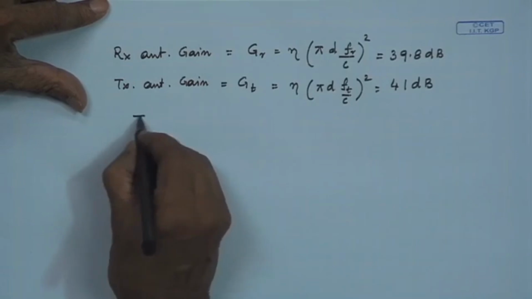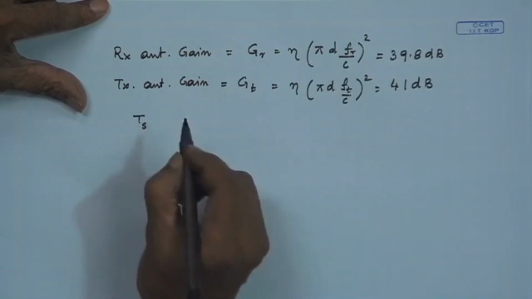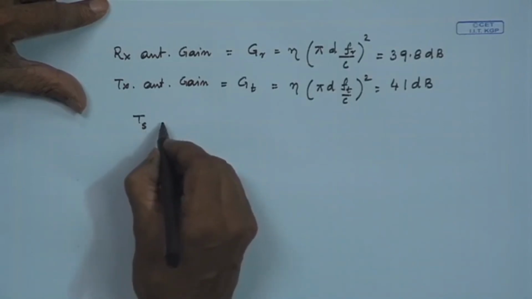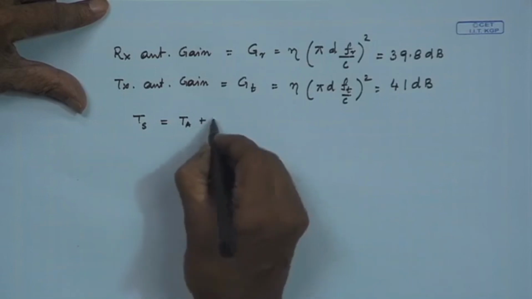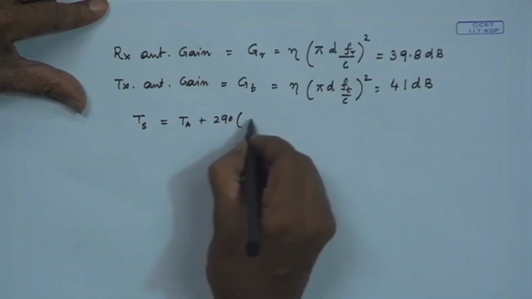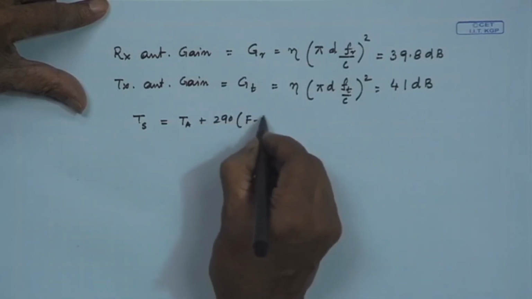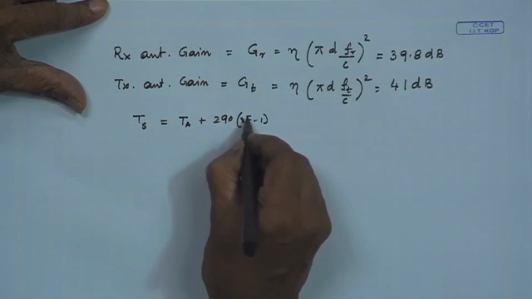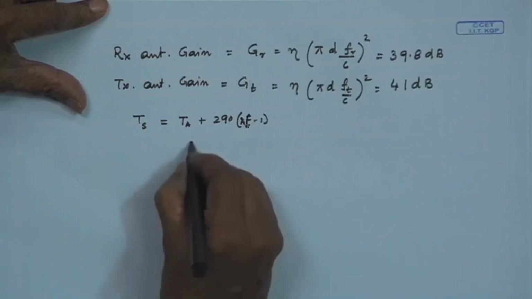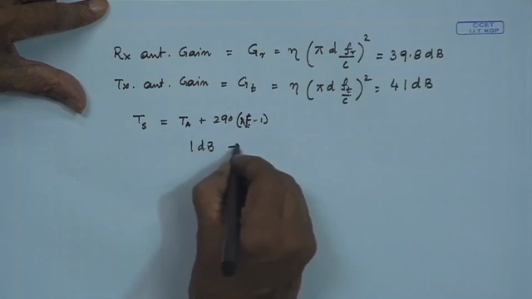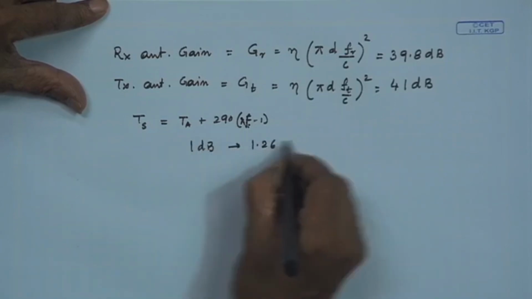And if you calculate the receive system noise temperature, which is the sky noise or antenna noise plus 290 times (F minus 1), where F is the noise figure in ratio. So, 1 dB has to be converted, and you will get 1.26 in ratio.